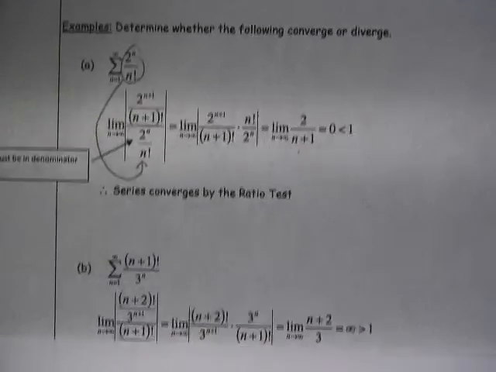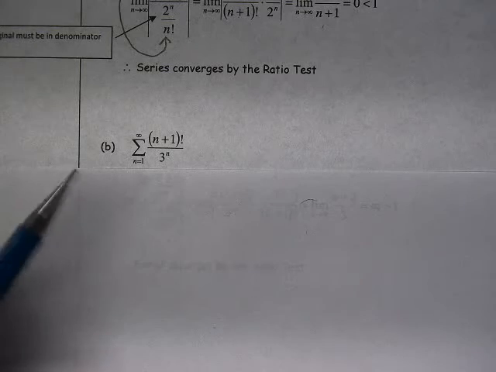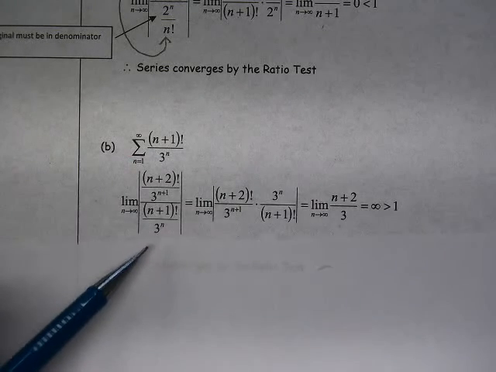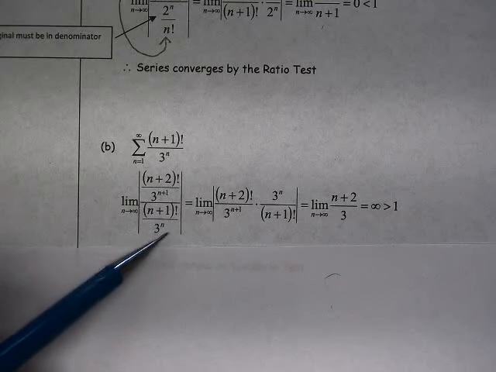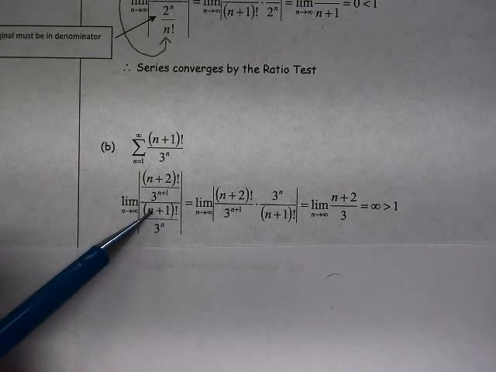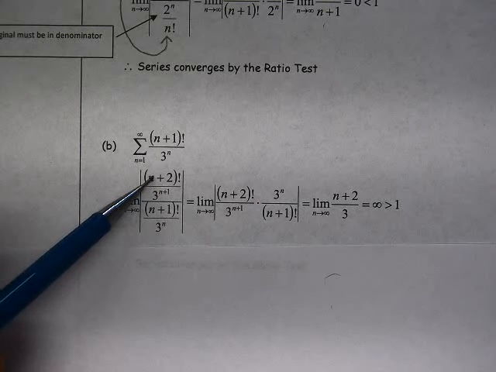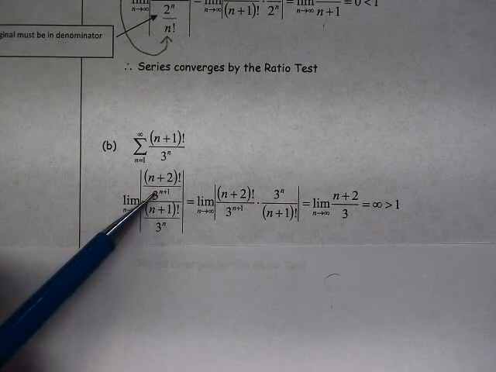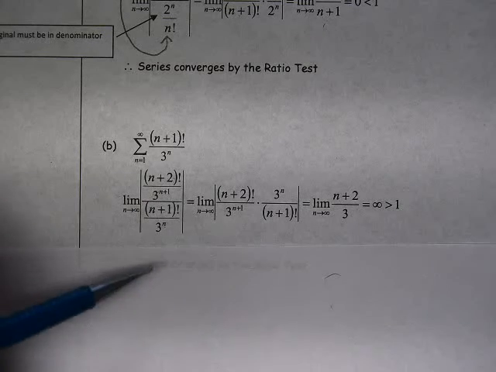All right. The next example here is n plus 1 factorial over 3 to the n. So that's going to be our denominator in the ratio that we look at. And now instead of n plus 1, the numerator is going to have n plus 2. So we increment it by 1. And then the 3 to the n in the numerator becomes 3 to the n plus 1. And then a really similar thing happens.